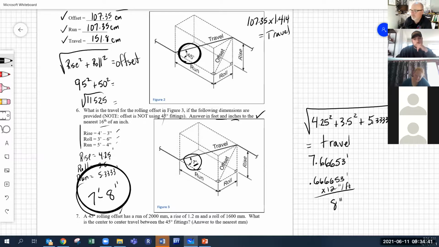There we go. It should be 8 inches, 0.666 of a foot. Times that by 12, I think it comes out to 7.999, which is 8 inches. Yeah, you're right. Thank you.